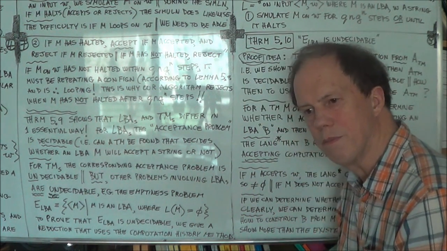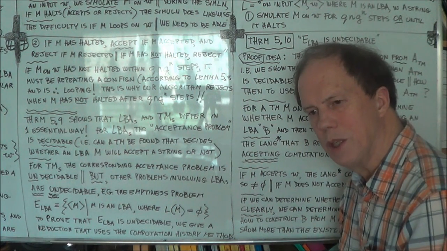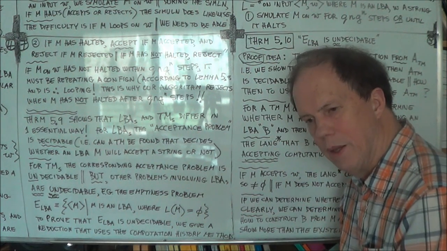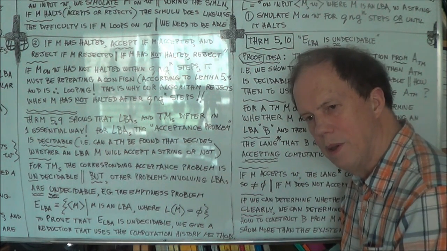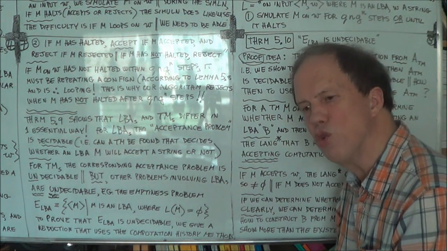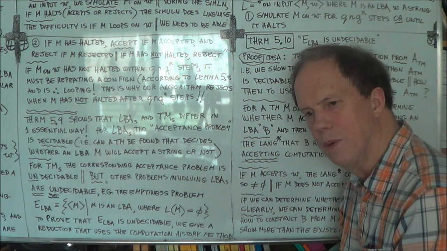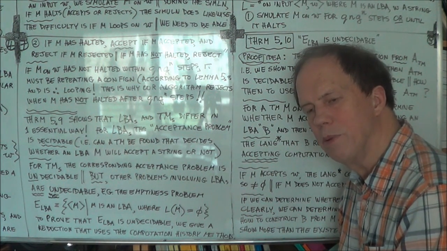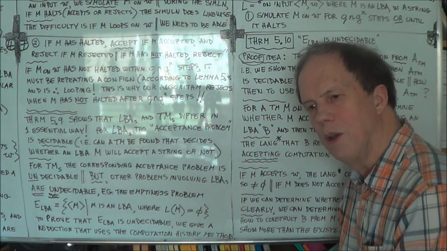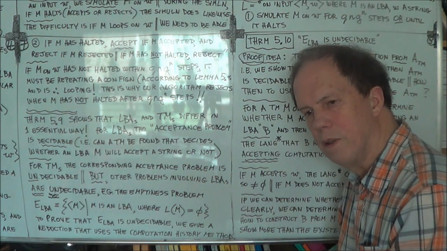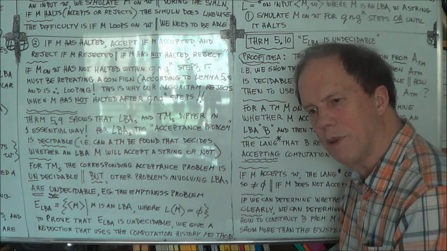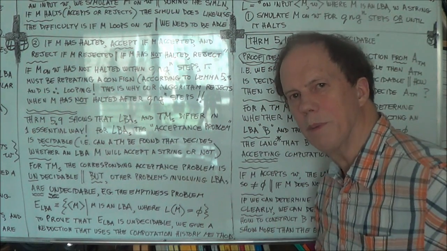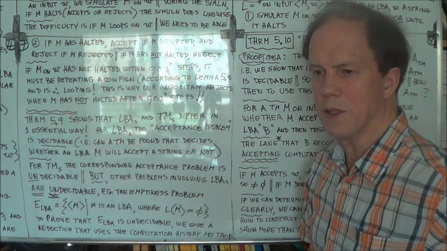Can you find a Turing machine M1, let's say, that will tell you, yes or no, whether some other random Turing machine M2 will accept some random string W? Well, that's the acceptance problem for Turing machines.